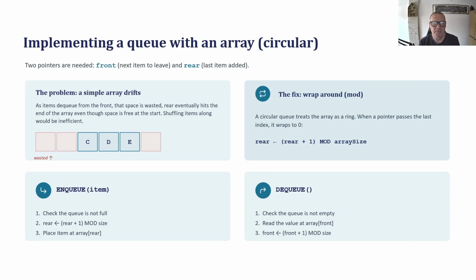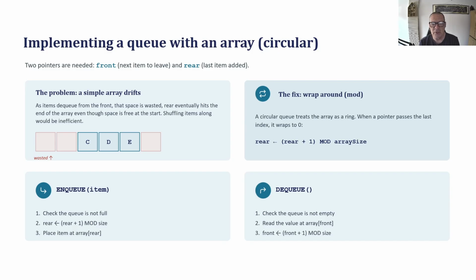So to do that, we need a little bit of maths to work out what the index value should be in the array. It's a little bit more complicated than just the linear queue. In a linear queue, you can just add 1 to the rear when you want to add one, for example. In a circular queue, we can't just add 1 because eventually that will fall off the end of the array, and we want to go back round and use the one at the beginning of the array.